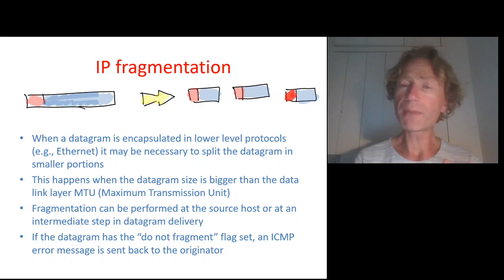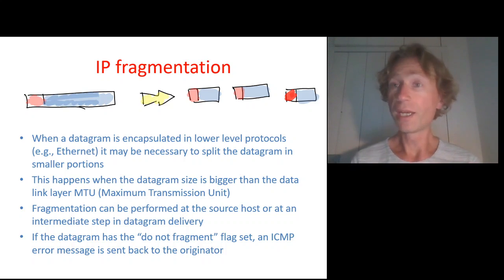When a datagram is sent over a network connection, it may be that from one hop, from one link to another, the maximum transfer unit changes. It becomes too small, and the large packet can no longer be transmitted over that new link. In that case, the datagram will be automatically fragmented.